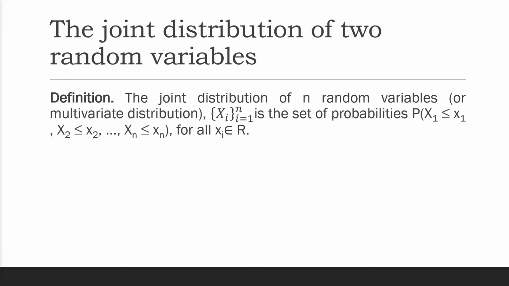So, in this case, our multivariate cumulative distribution function would be this one: F of x sub 1, x sub 2, up to x sub n, which is equal to the probability of x sub 1 greater than or equal to x sub 1, up to x sub n greater than or equal to x sub n.